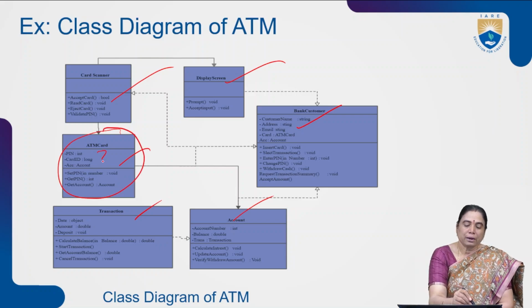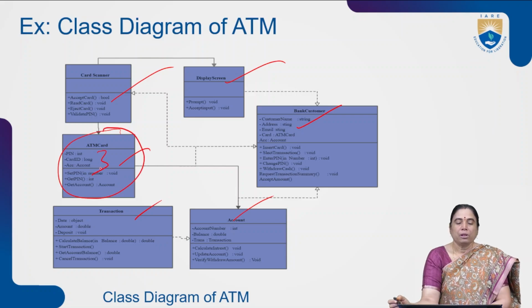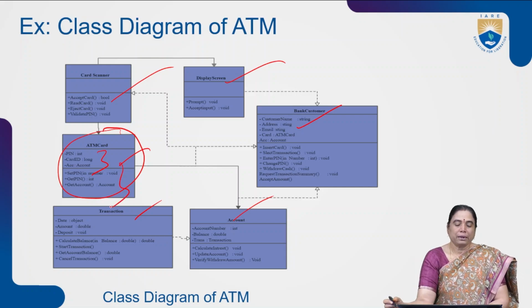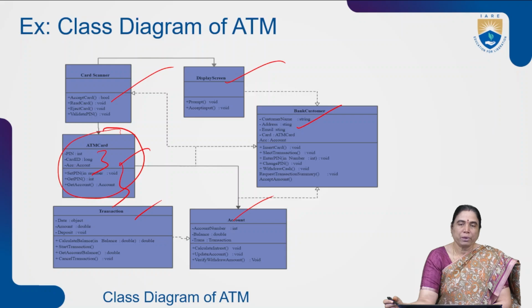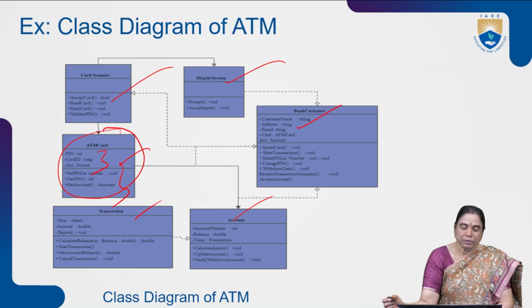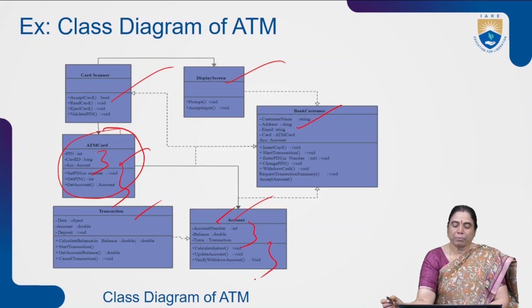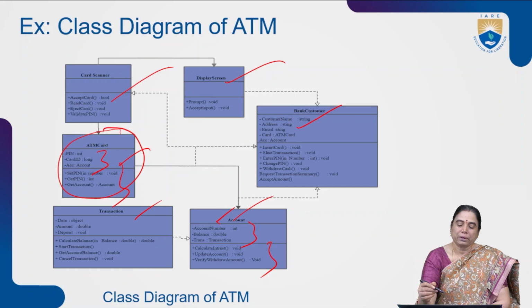Here the second compartment can consist of the data, and the third compartment represents what operations must be performed. So here one more class you can consider, that is the account. So here also the second compartment represents the data, and the third compartment represents operations or methods performed over that class.